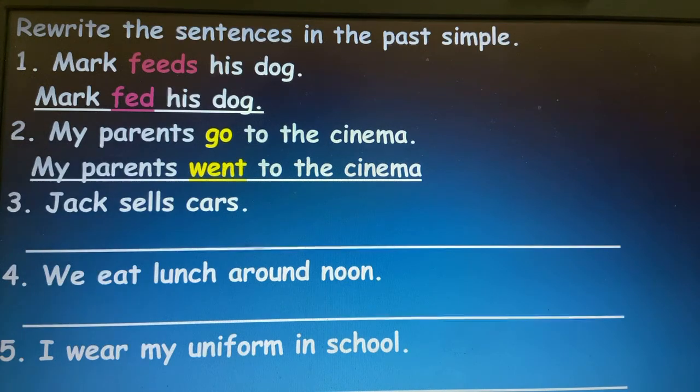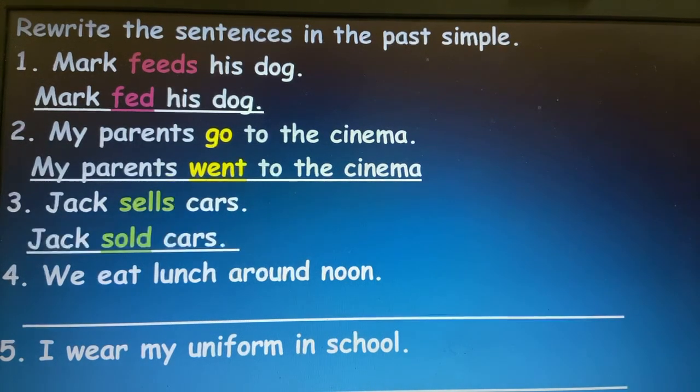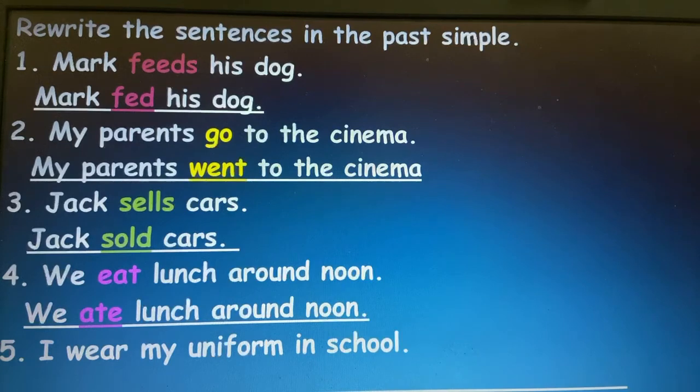It becomes in the past form sold. Jack sells cars becomes Jack sold cars. Number 4, we eat lunch around noon. We have the verb eat. It becomes in the past ate. We ate lunch around noon.